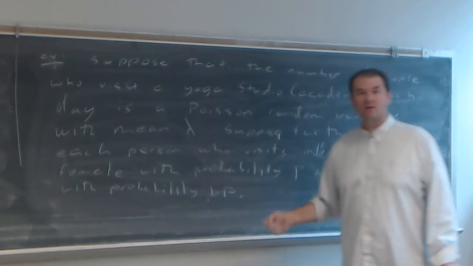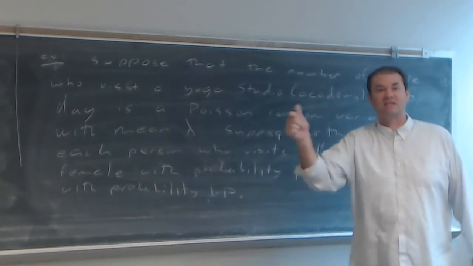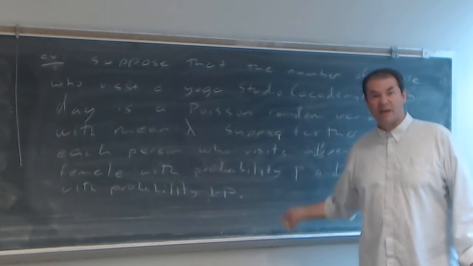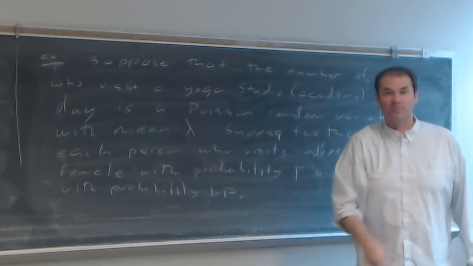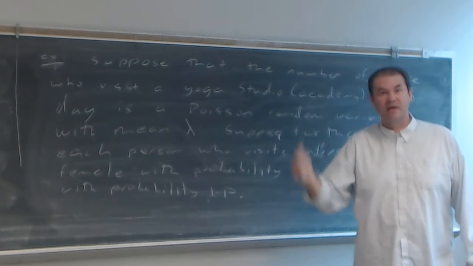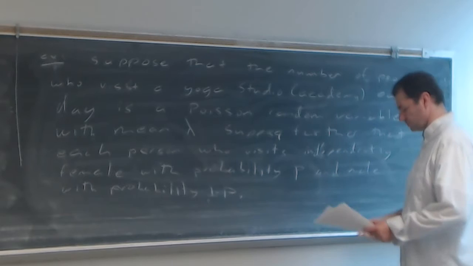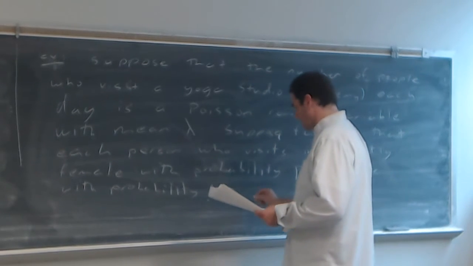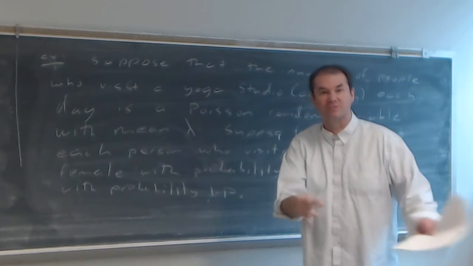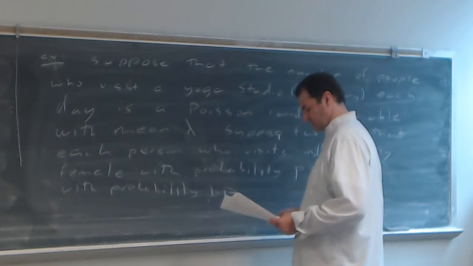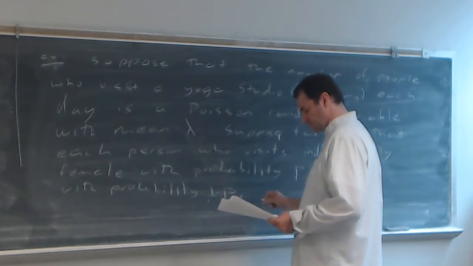This is like flipping a coin. So a person comes in, that's like a coin flip. They're either heads or tails, female or male. And then another person comes in, and that's like another coin flip. They're either female or male. So those are independent from each other. Each person that walks in, their sex is independent from the previous person's sex or anybody else that walks in.